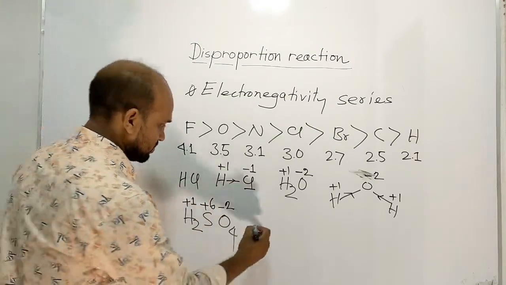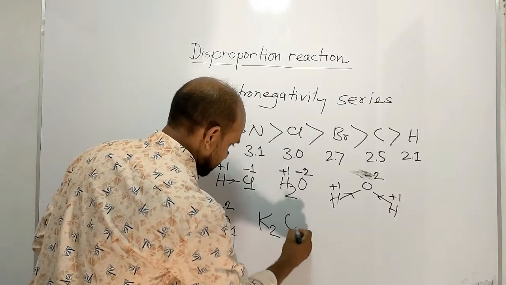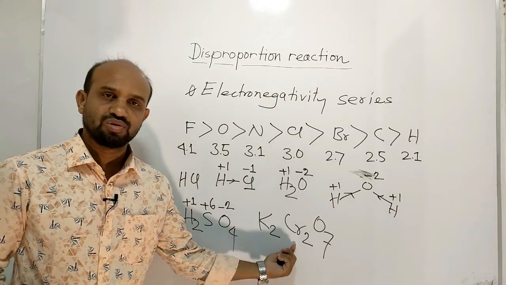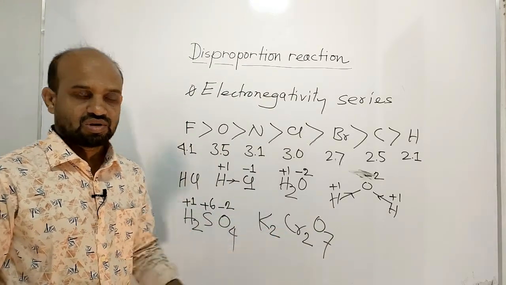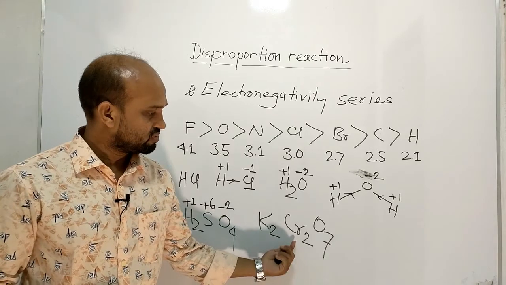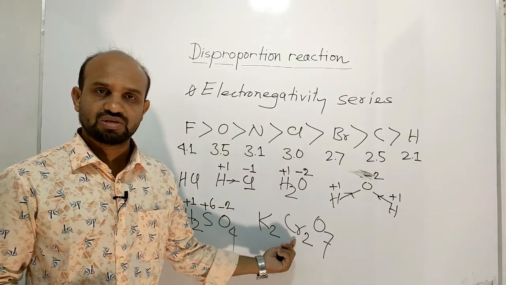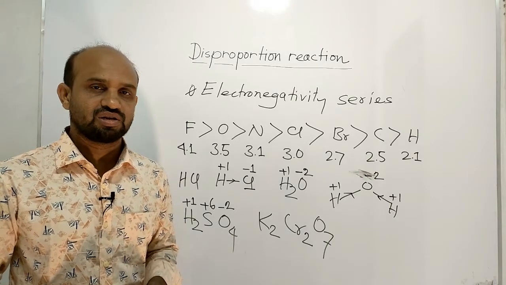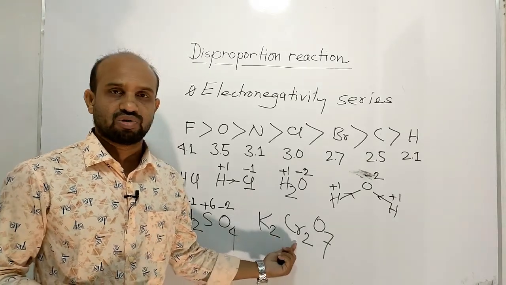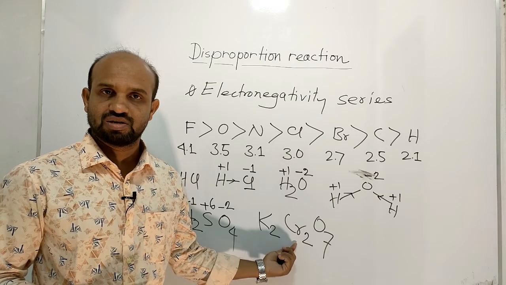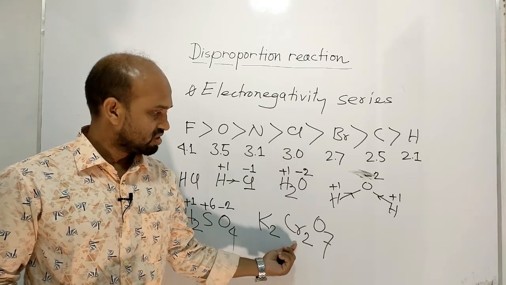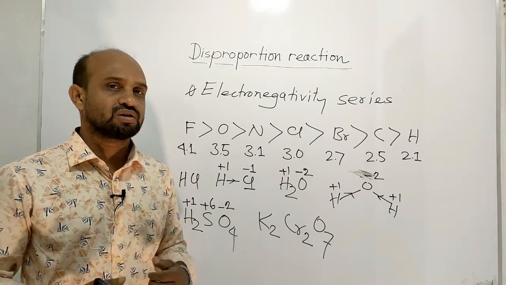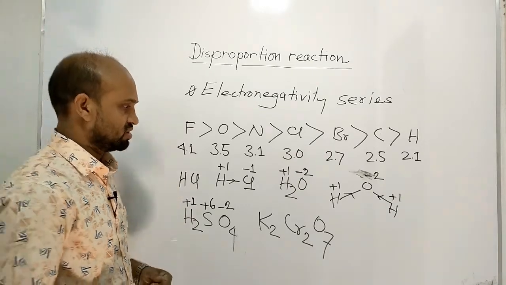Let's see another example. Potassium dichromate. Here there are 2 chromium atoms, but the definition of oxidation number is the number of electrons donated or accepted by one atom of that element in a molecule. So here not 2 atoms, it will be 1 atom in calculating oxidation number.